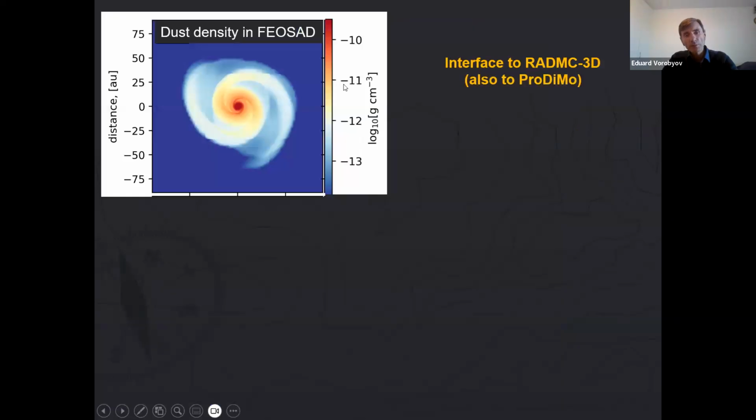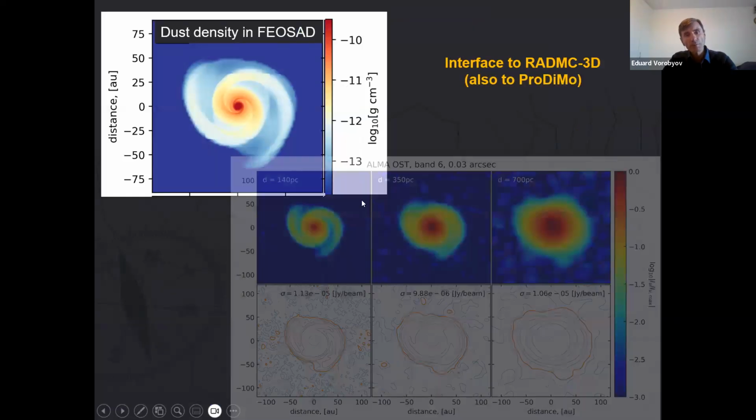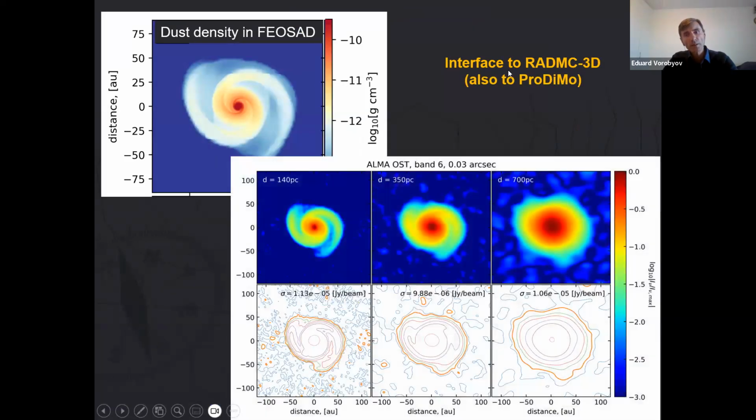We can also couple the FEOSAD code with RADMC-3D or with PRODIMO to see whether the spiral structure, for instance, is detectable when viewed with ALMA.